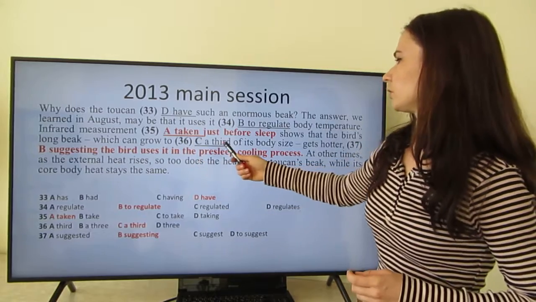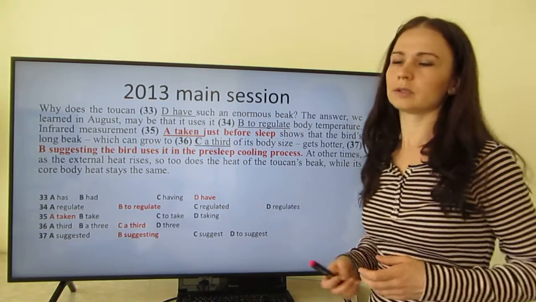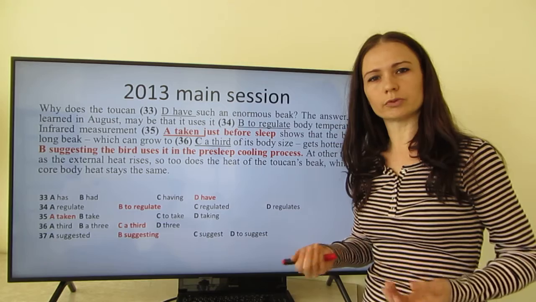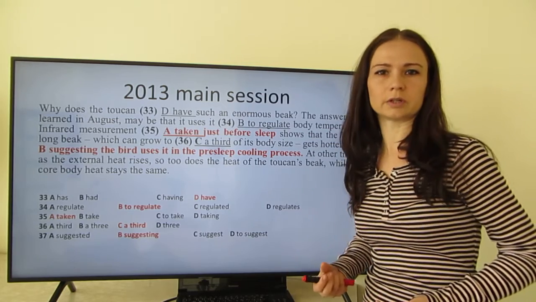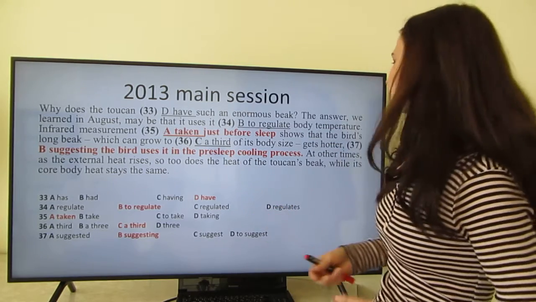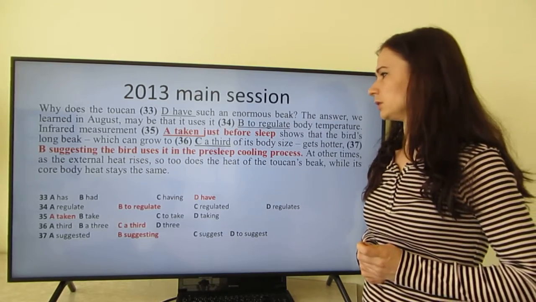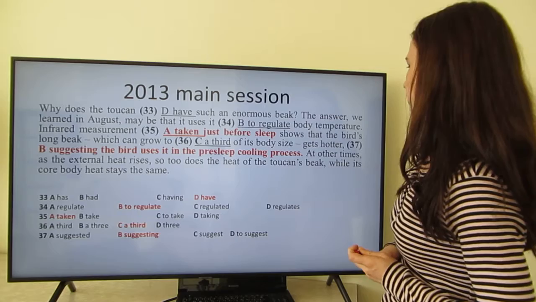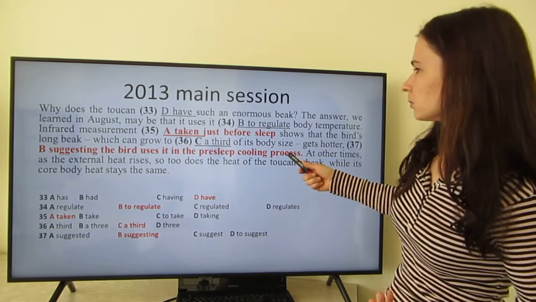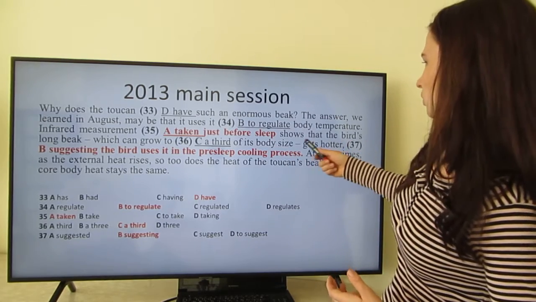Which can grow to a third of its body size. When we divide something into 3 parts, we have 1/3. So it's a third. Gets hotter, suggesting the bird uses it in the pre-sleep cooling process. So the beak gets hotter, or what is it?